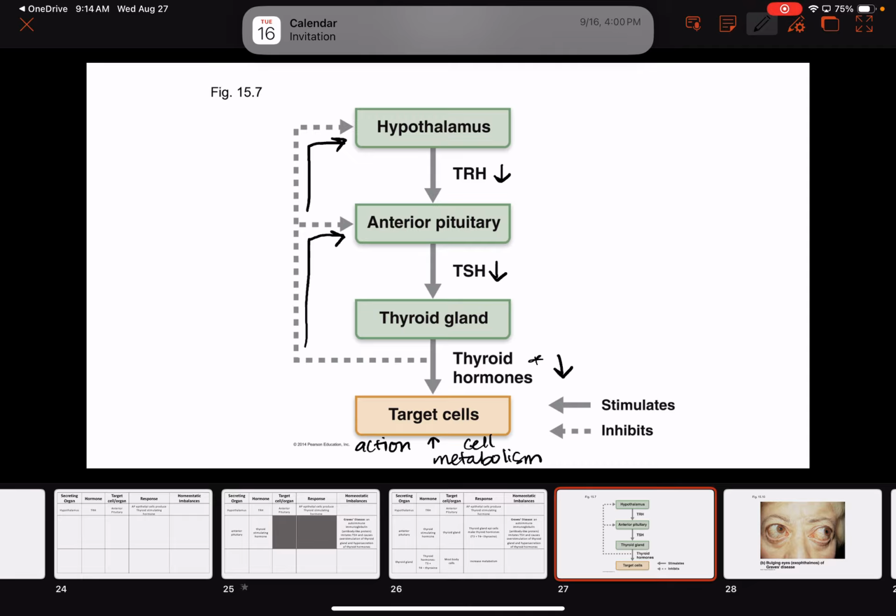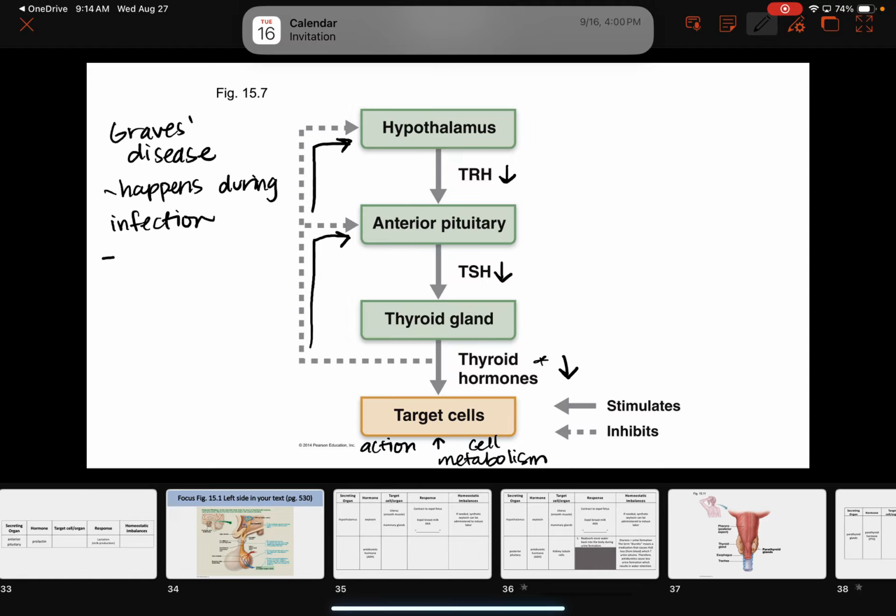So one condition I want to talk to you about is Graves' disease. With Graves' disease, this happens during an infection, or it can be triggered by an infection.